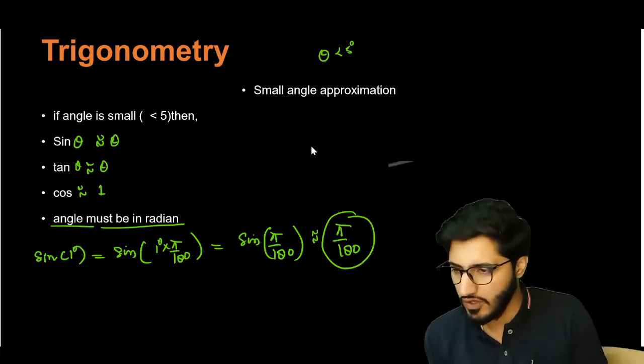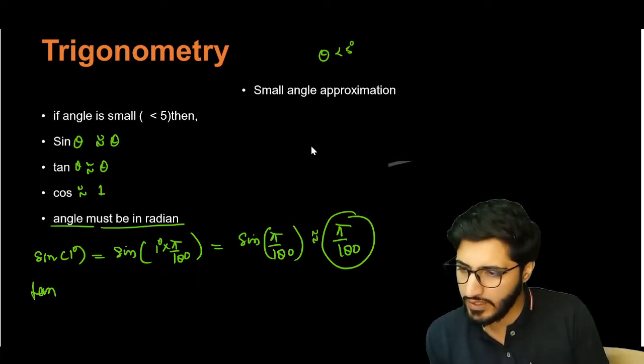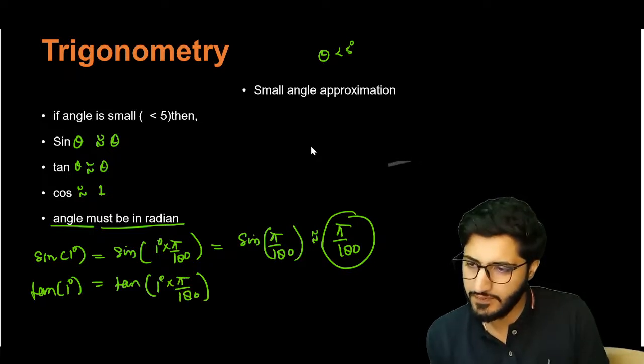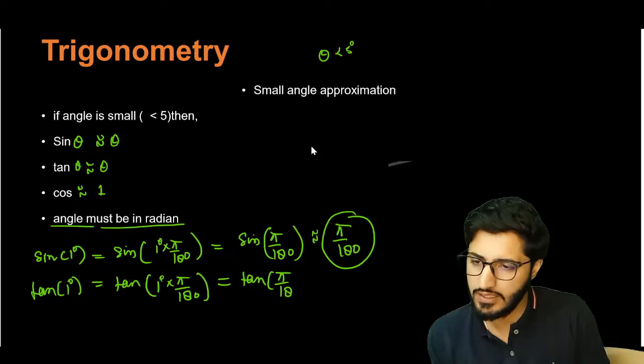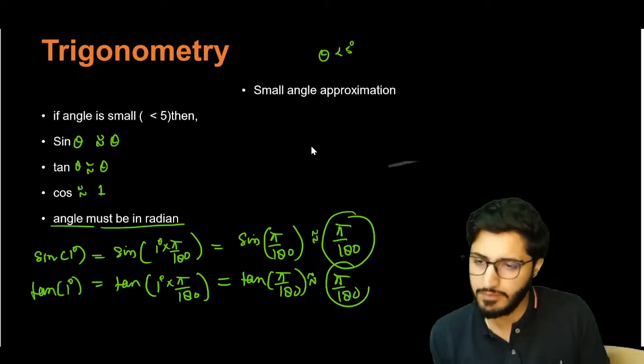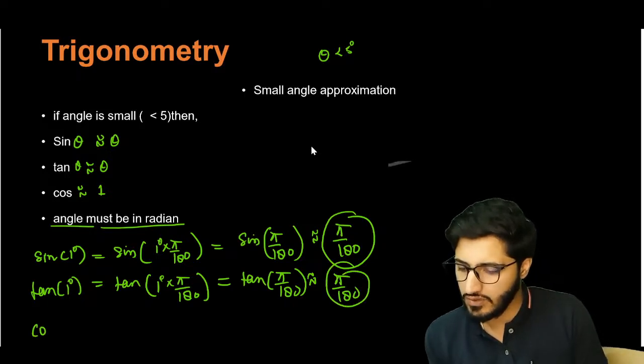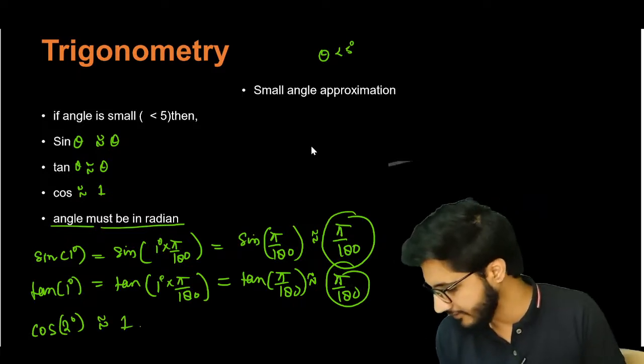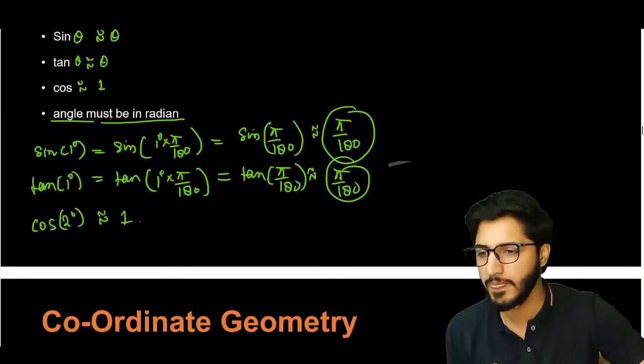Also, tan 1 degree becomes tan pi by 180, which is approximately pi by 180. Now if I write cos 2 degree, the value is straightly 1.